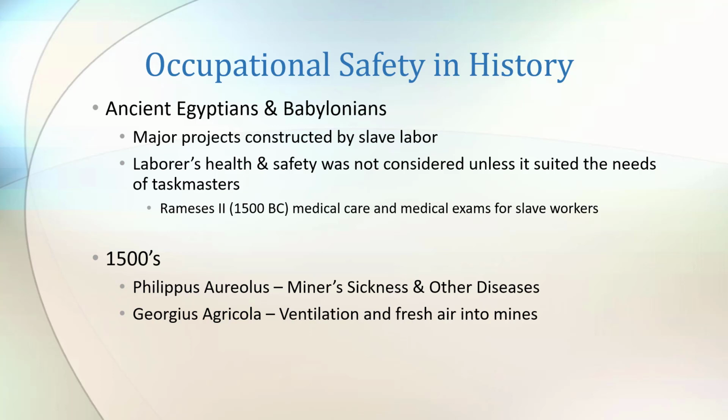As we fast forward to the 1500s, there's two key people that you should know: Philippus Aurelius and Georgius Agricola. So Philippus Aurelius was a chemist, a healer. He was a philosopher. He's the first real person that's known to clearly identify that the dose makes the poison.